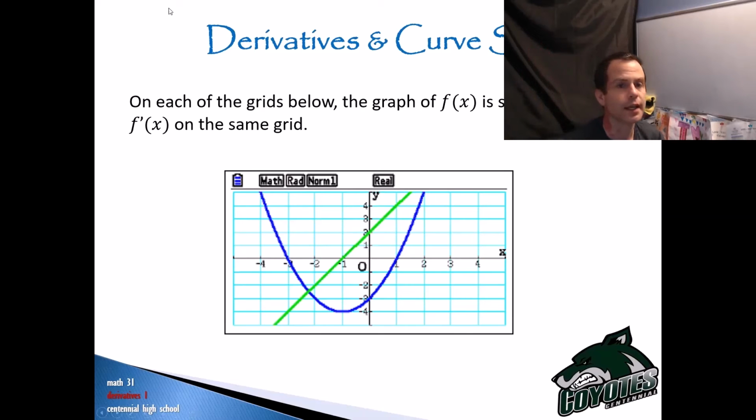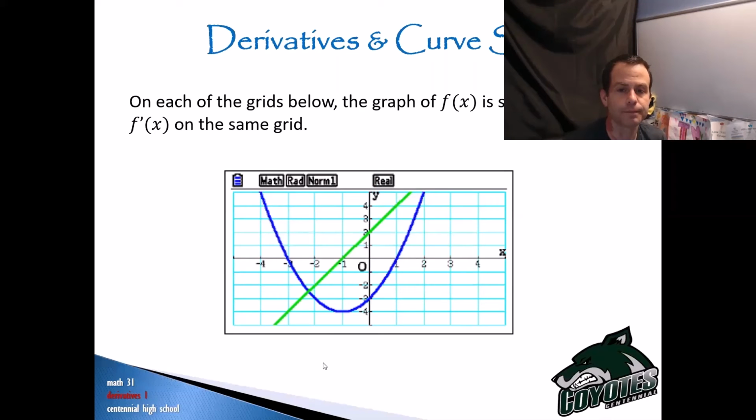For those of you who are freaking out, saying, well, how do I know how steep to draw it? This would have been a perfectly acceptable answer. That still fits everything that I need it to fit. I'm not looking at the steepness of your derivative slope. I'm just looking that you have matched the criteria together properly.